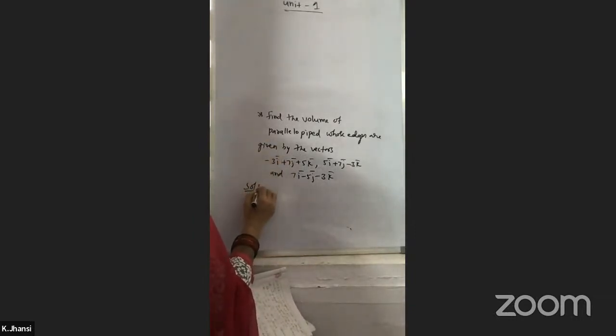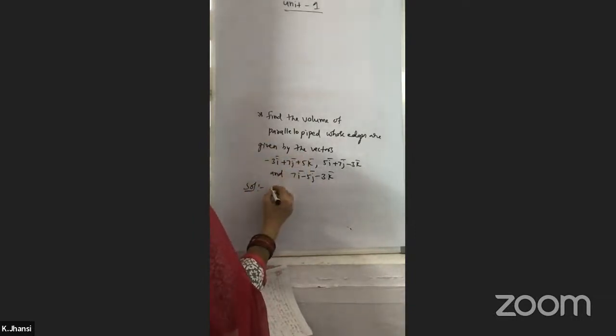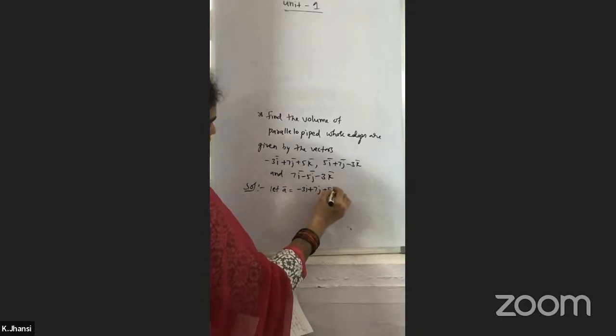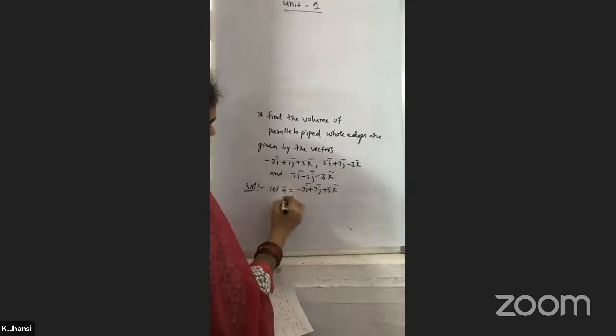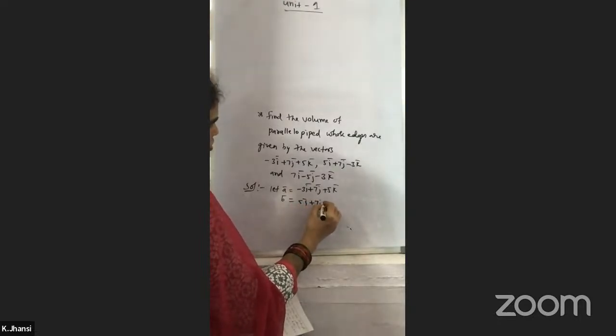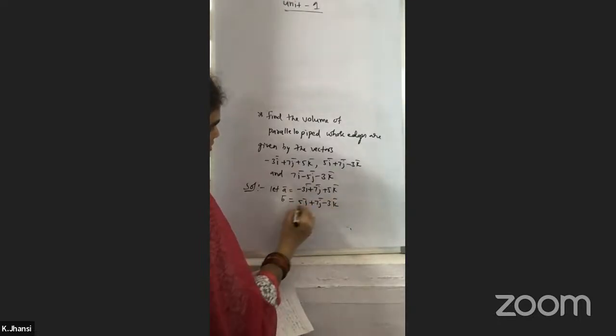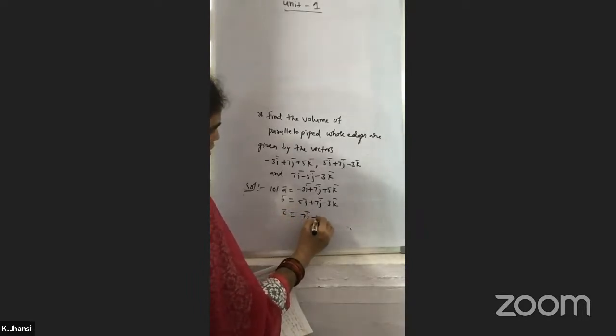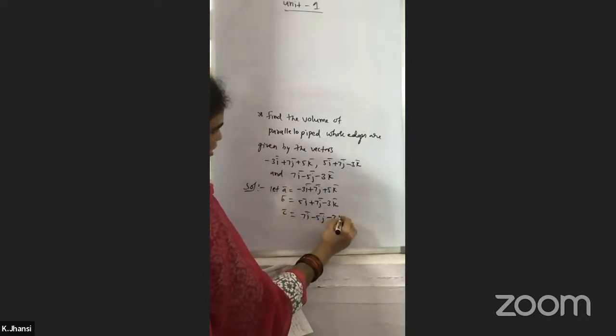The solution. Let vector A be equal to minus 3i plus 7j plus 5k, vector B equal to 5i plus 7j minus 3k, and vector C equal to 7i minus 5j minus 3k.